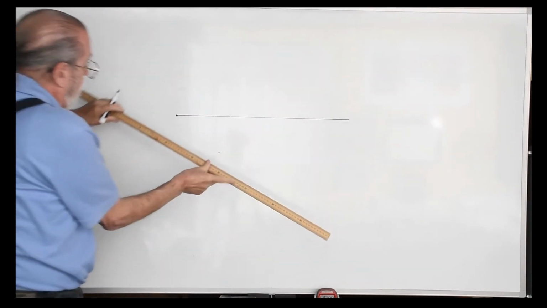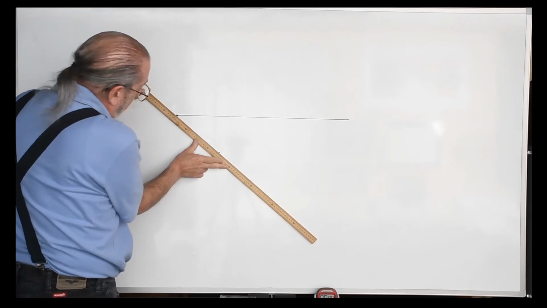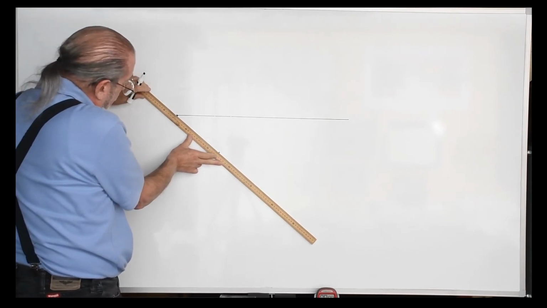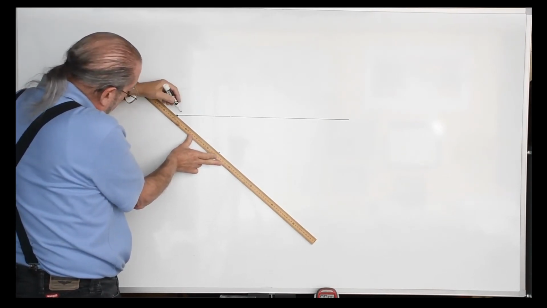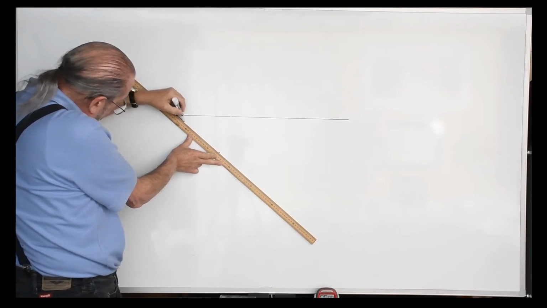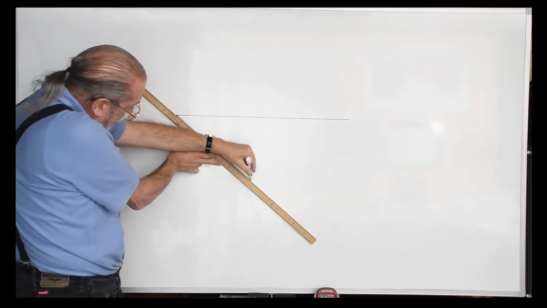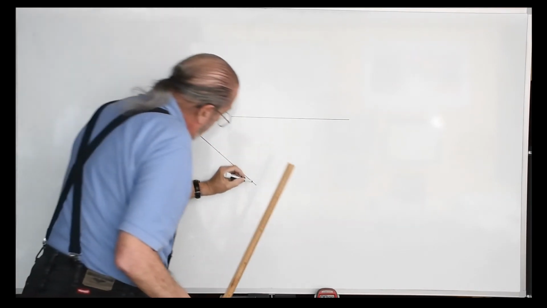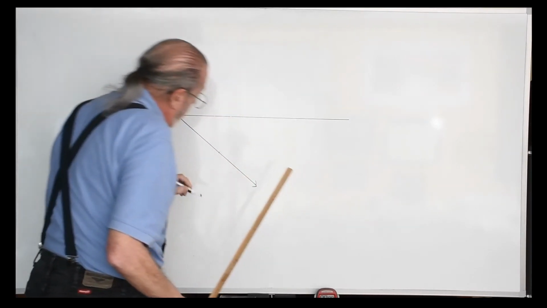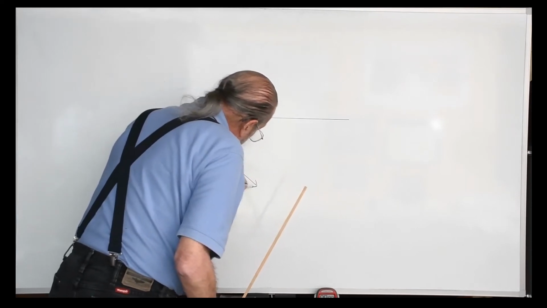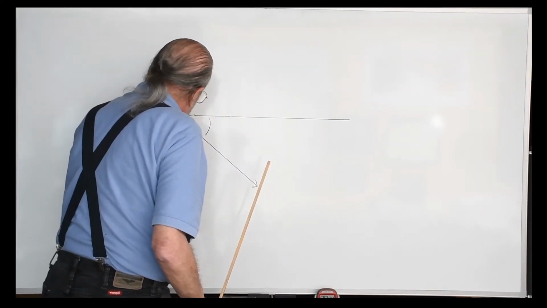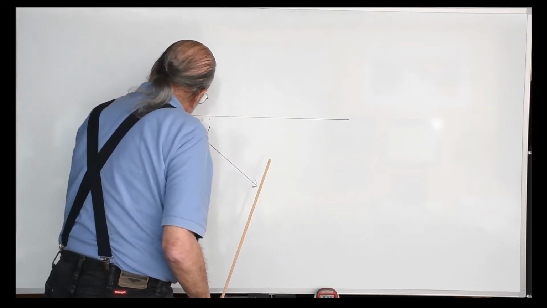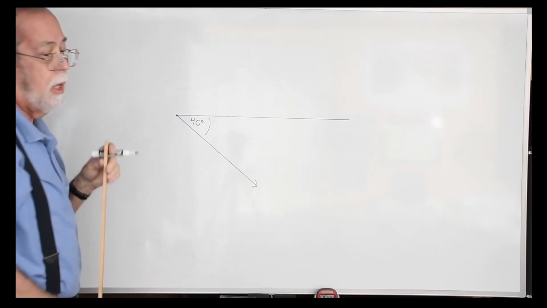Then we take our ruler, connect those two dots, and we start at this and we draw this the length indicated, and put our arrow on the end of it, and then we can label this as 40 degrees.